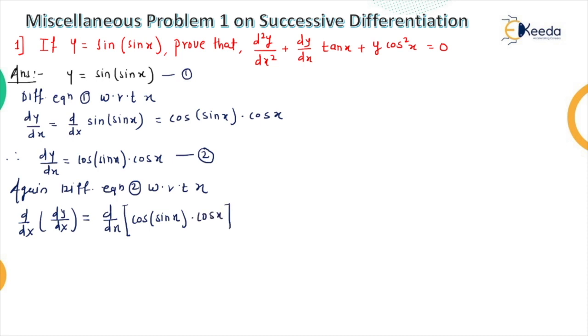Therefore it becomes the double derivative, d2y divided by dx square.